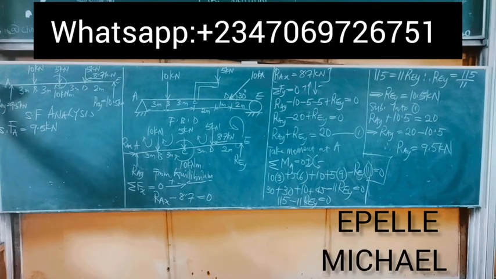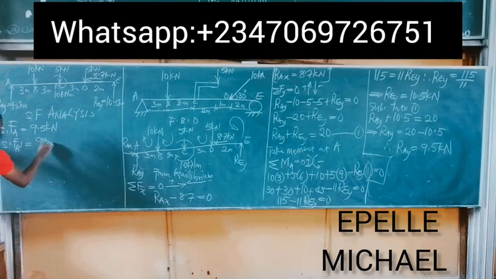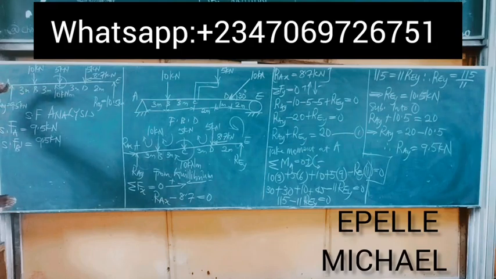Now, this same force moves from point A down to point B. So we have shear force B prime, which means initially at point B, because at point B we already have a force of 10 kilonewtons, but this same shear force from point A moves down to point B. So initially at point B, the shear force still remains 9.5 kilonewtons. But on getting to point B, it now recognizes that there is a 10 kilonewtons force acting downwards.